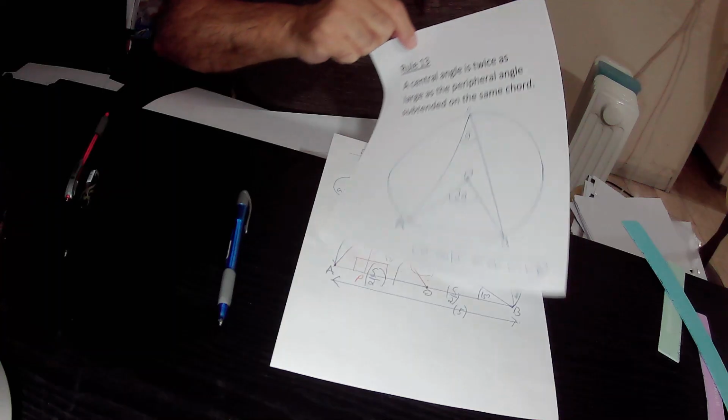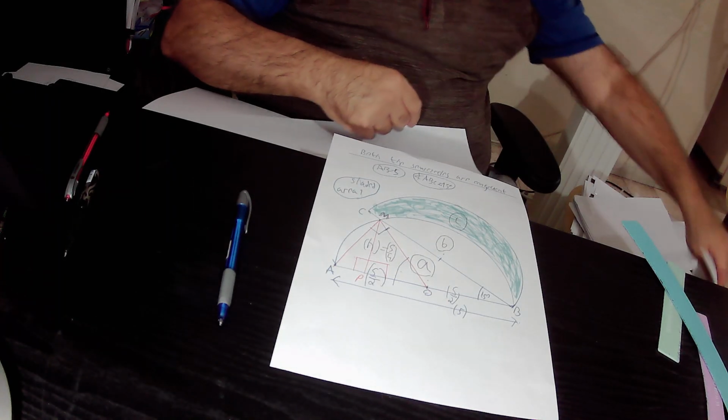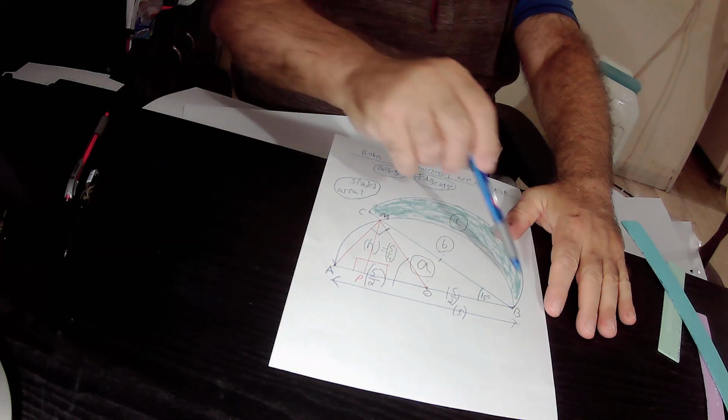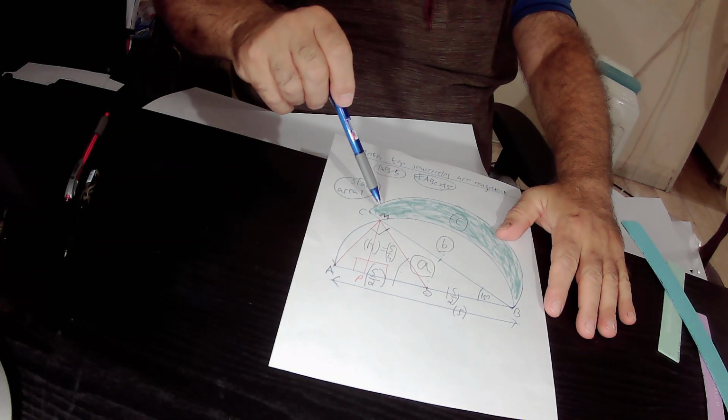Okay, so we can implement rule 13 in our drawing. In our drawing, this is angle MBA subtended on chord AM.